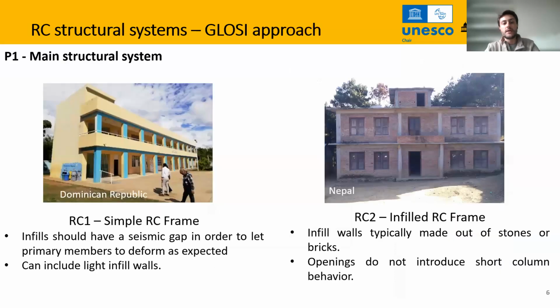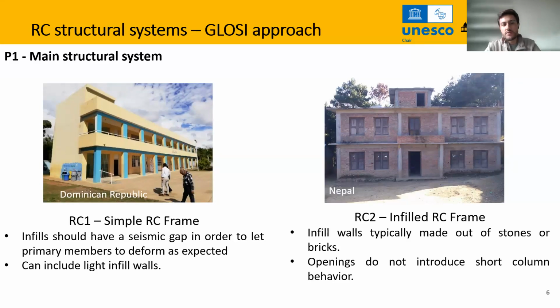structural system. So besides the FEMA 647, there are also other types of classifications. I'm going to mention just another one, which is the GLOSI approach. If you are following the courses that we have been giving in the past weeks and months, we have been presenting all the different GLOSI tools, and in particular in the GLOSI taxonomy, the first taxonomical parameter, as Rohit mentioned in the previous presentation, is the main structural system.